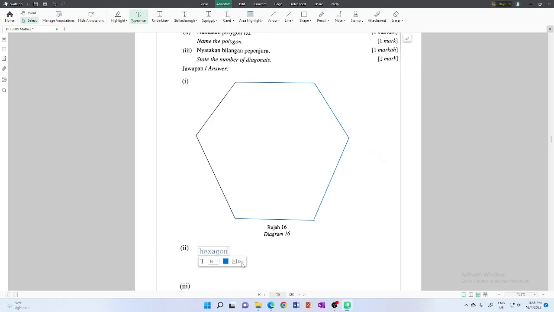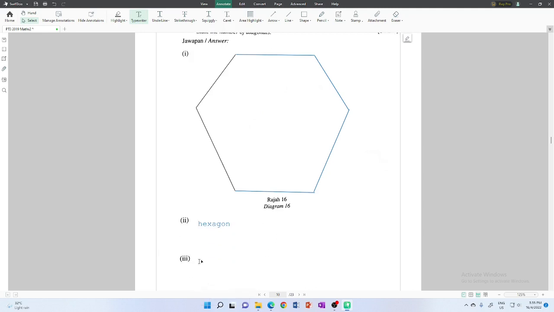And need to state the number of diagonals. So the number of diagonals is given by the formula n multiplied by n minus 3, divided by 2.